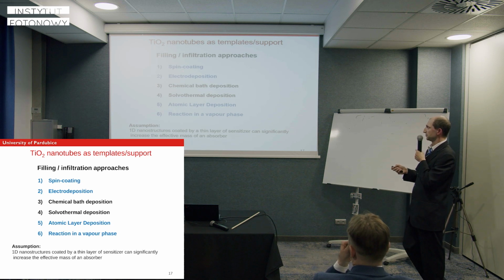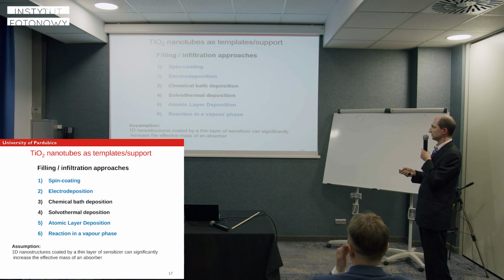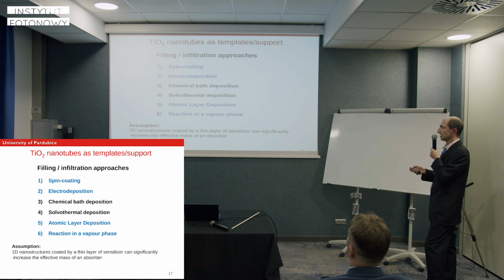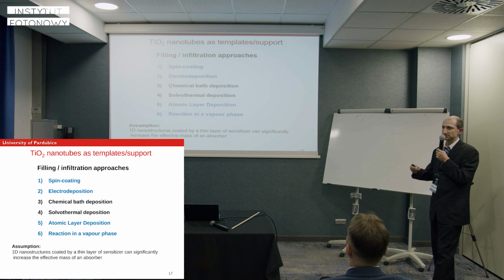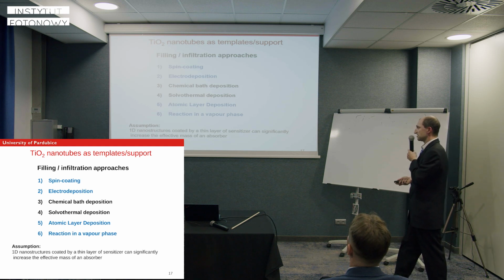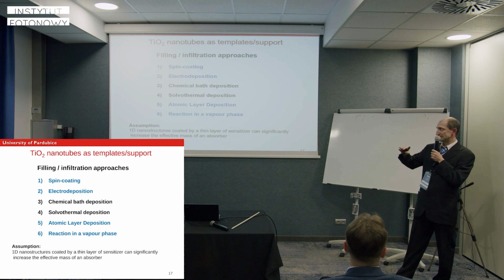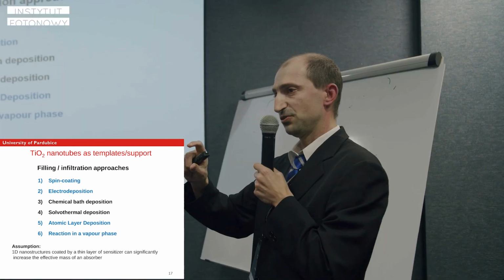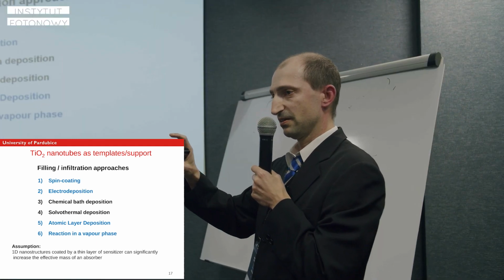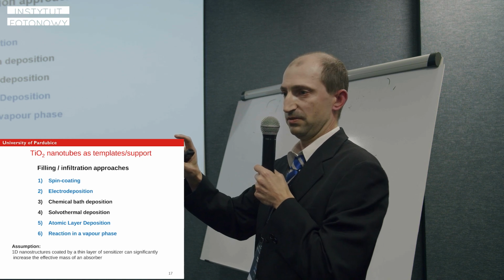Or you can do electrodeposition, chemical bath deposition, solvent deposition, solvothermal deposition. You use atomic layer deposition, and also you can treat it as a reaction of vapor phase. That means, for example, sulfurization. Okay? There is another assumption: for some techniques, for example ALD, it's difficult to deposit a 1 micron thick film.